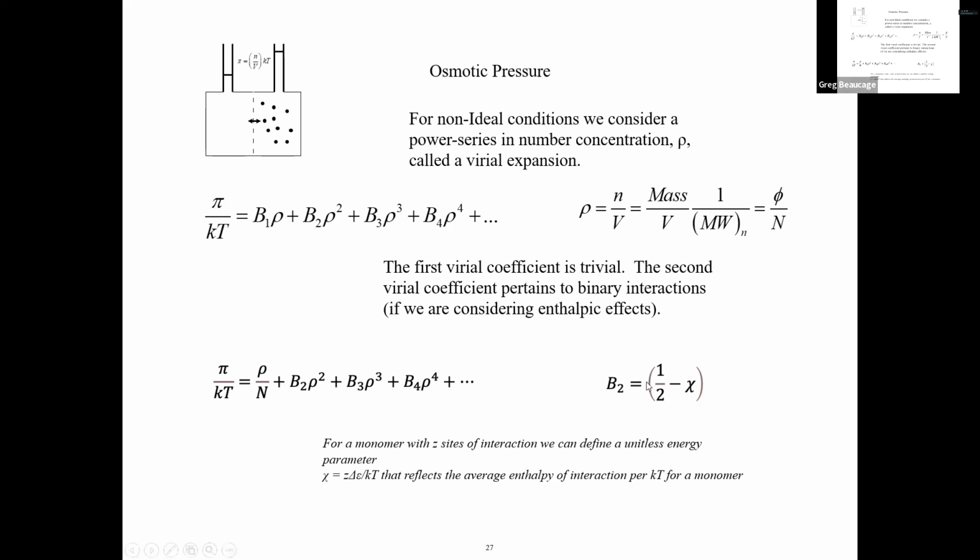Gases are pretty well known, colloids less so, so you say colloids are just a kind of gas, because each of these things is moving around by kT, just like a gas atom. So you have the same ideal situation, the same power series expression, the same B2, the same excluded volume, the same enthalpic interaction, the attraction that makes the phase separation happen. You just take that and lift it.